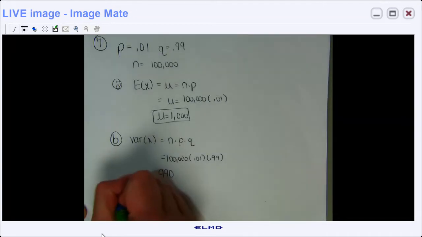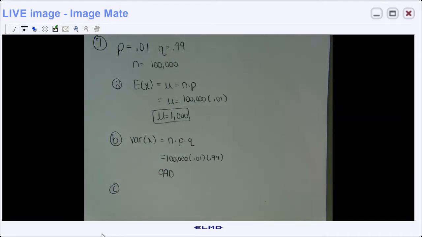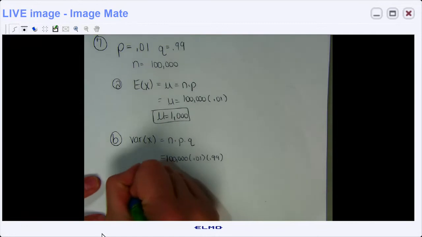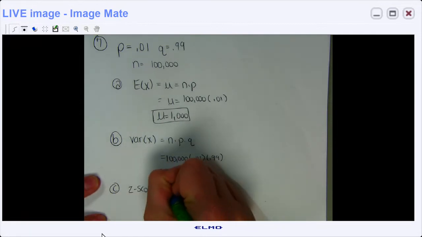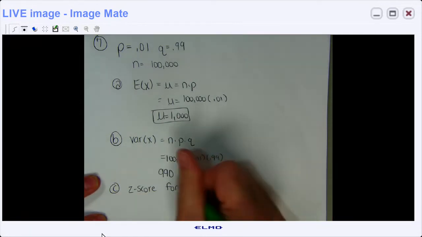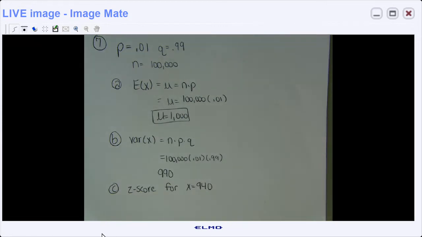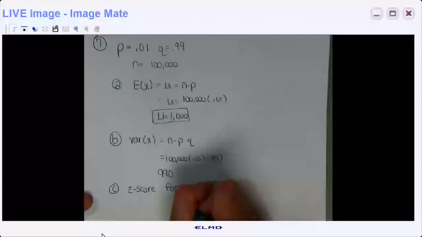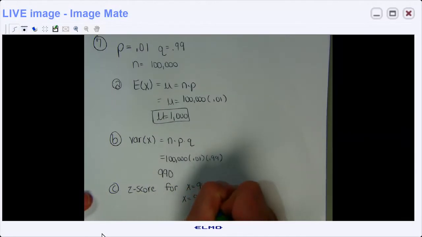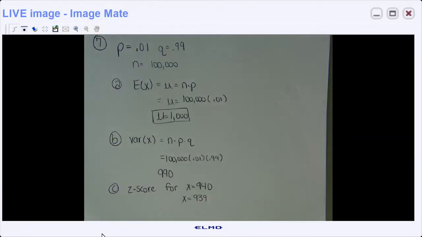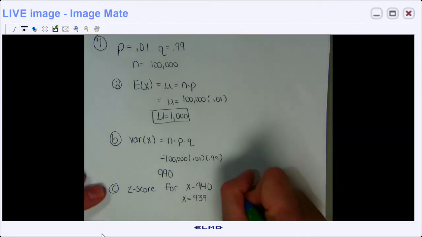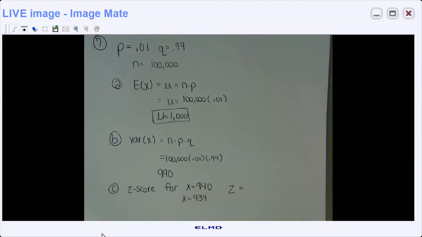Part C asks us to calculate the z-score for x equals 940. And here comes the little trick. When we're doing x equals a number, we have to go down 1, so we're actually calculating for x equals 939. Then, because this is a binomial, we have to use the correction for continuity and add the 0.5.